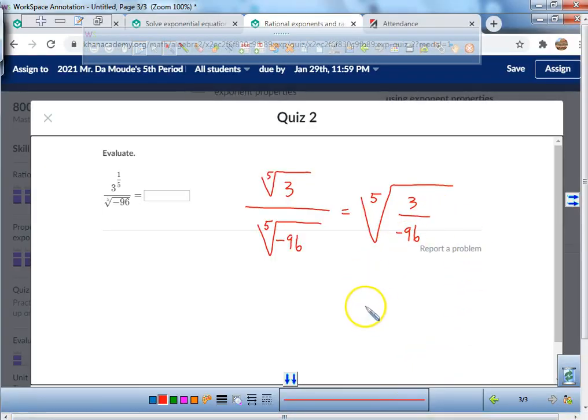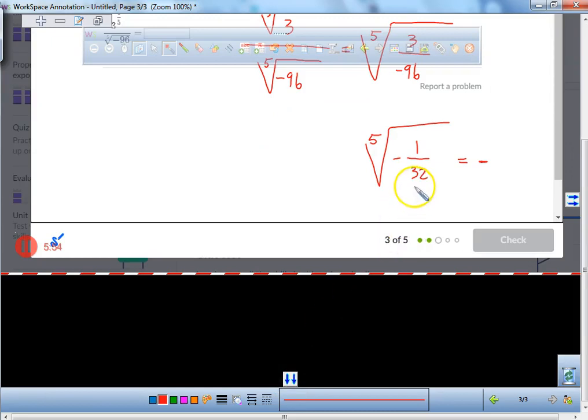So this actually becomes, ready? The 5th root of negative 1 over 32. So this reduces to 1 over 32. Now I just want to let you know, if you have an odd index and you have a negative, you know a negative is going to come out because it's odd, all right? Now watch this. I'm going to change this, all right, to, let's see if you guys can see this, all right? 2 to the power of 5, okay? 2 to the power of 5 is 32.